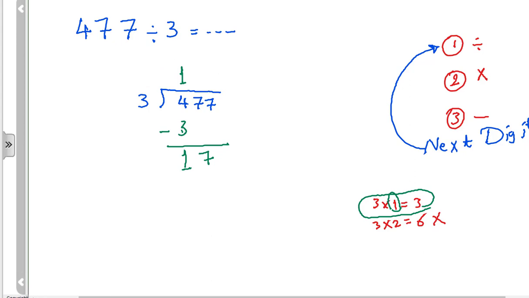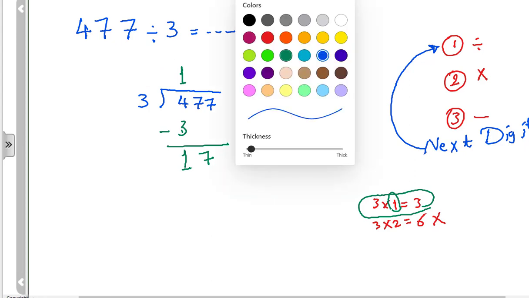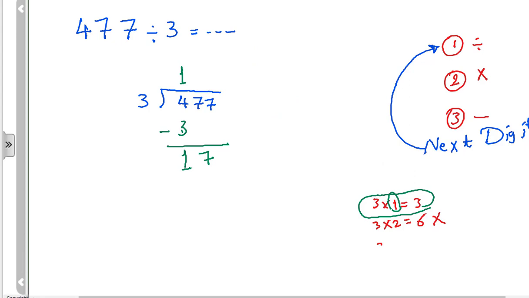To divide 17 by 3, we will search in the timetable of 3 for a number that gives us near to 17. So you can continue 3 times 3 equals 9 and so on. Or you can go directly to the number that you think is near to 17. Both are correct. Okay? And we call this a draft. There is no problem writing anything you want in the draft.